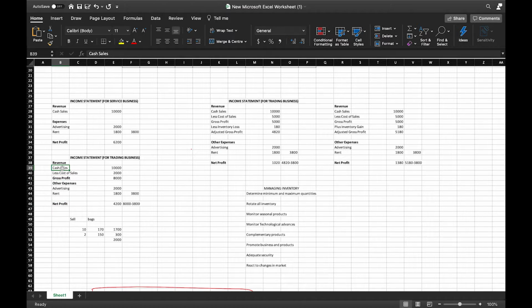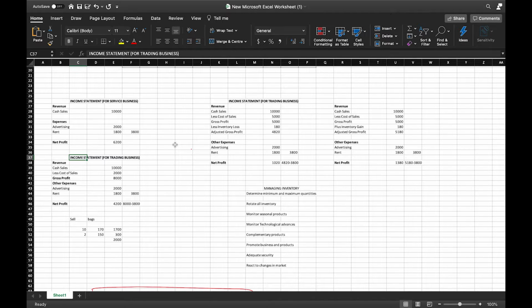Gross profit is revenue minus cost of sales, which is the cost to buy the inventory that has been sold. Net profit is gross profit minus all of the other expenses. That is how to record the cost of inventory in the income statement for a trading business.